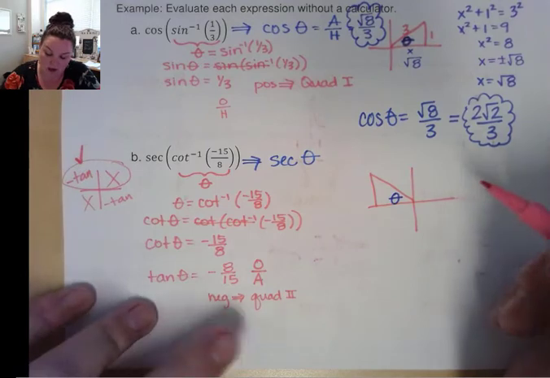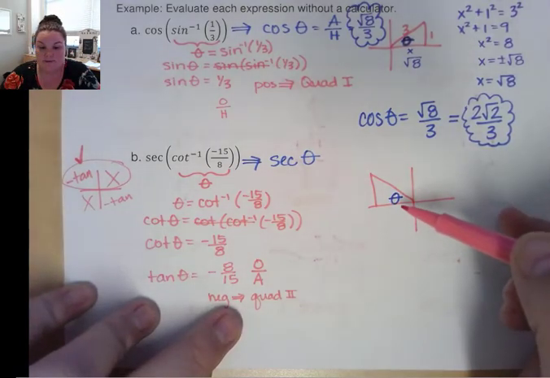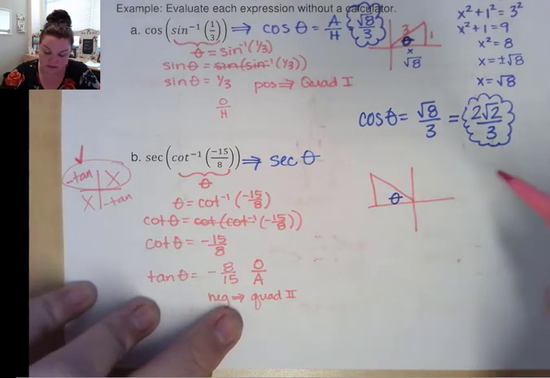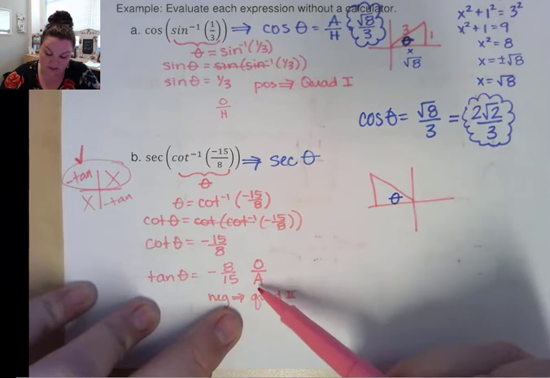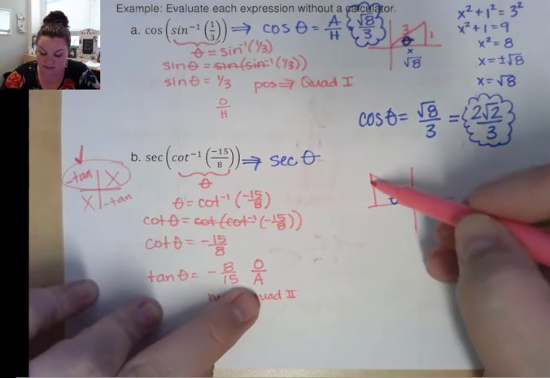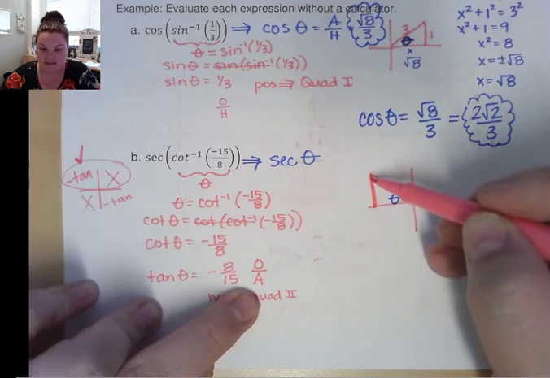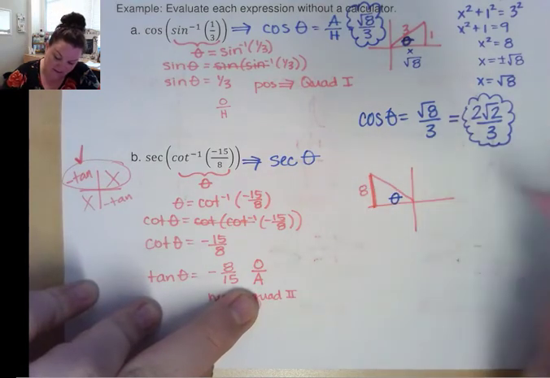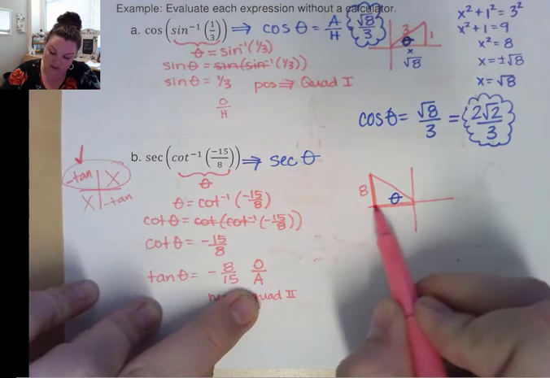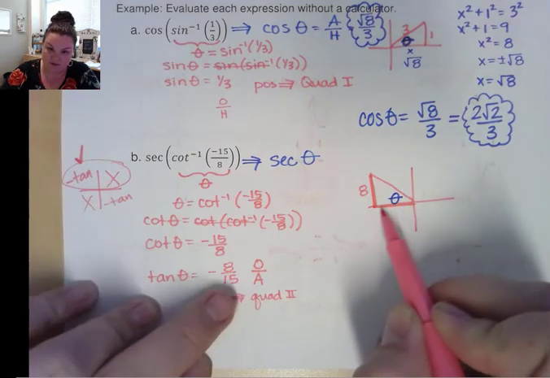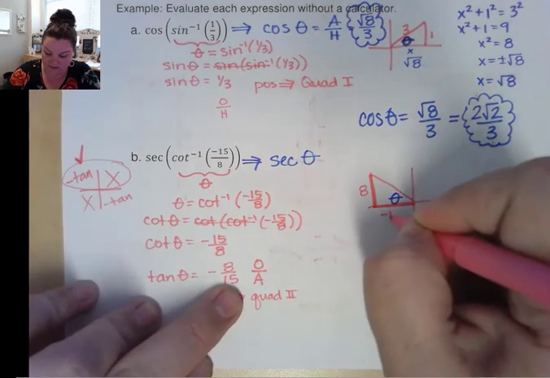Okay. All right. So let's label it. So opposite over adjacent. So this opposite side should be a positive number, right? Because it's above the x-axis. So my 8 is going to be positive, and my adjacent should be a negative x value. So the negative is going to go with the 15.